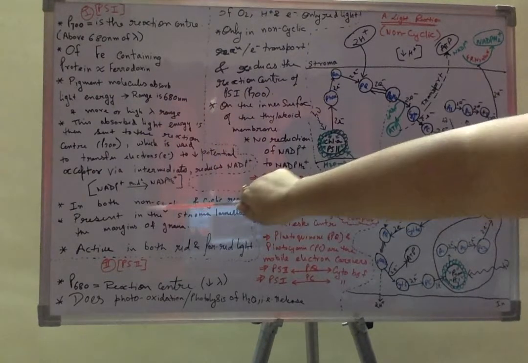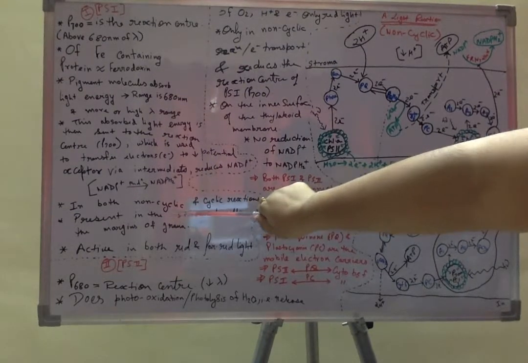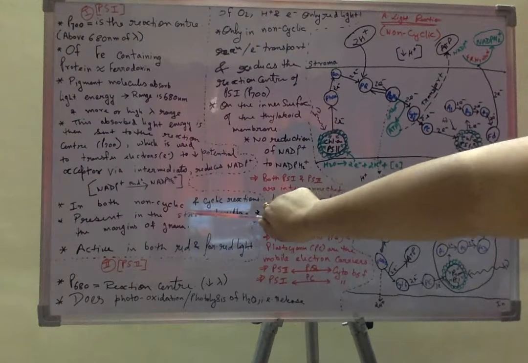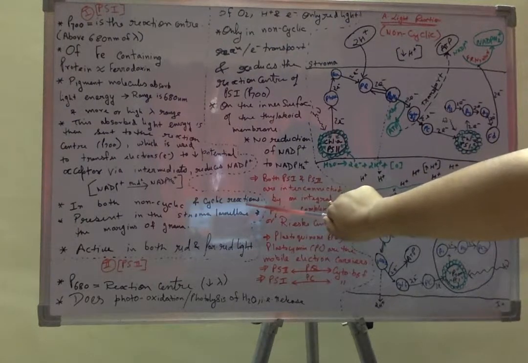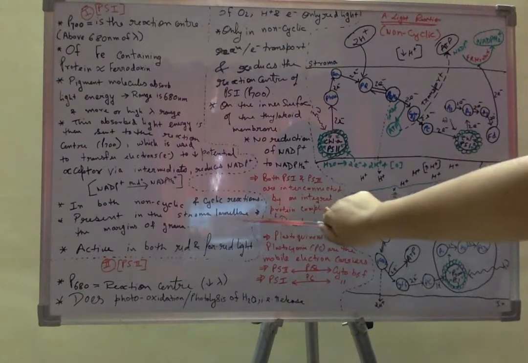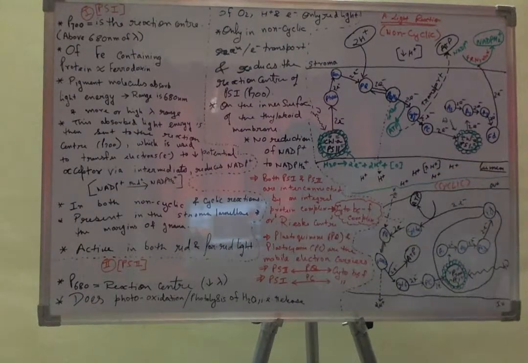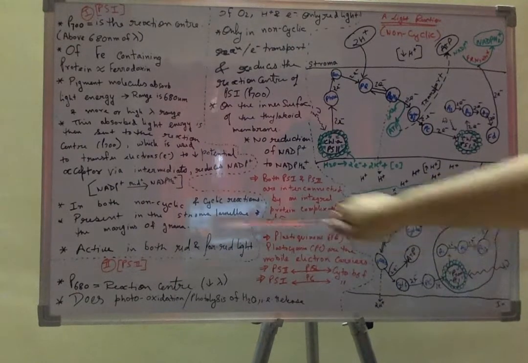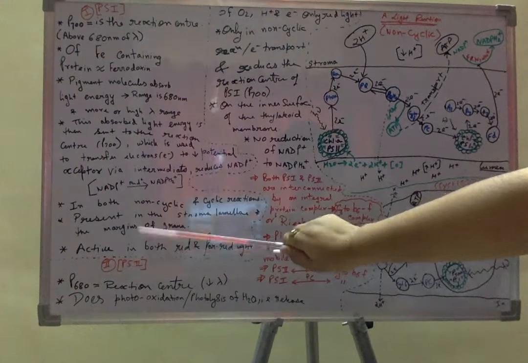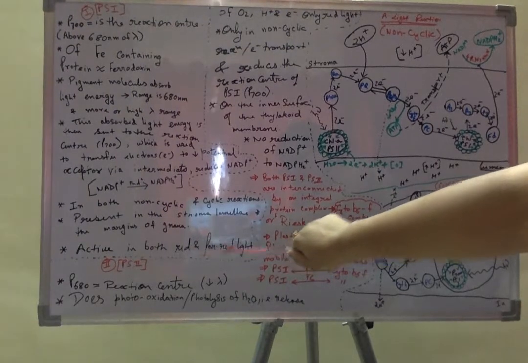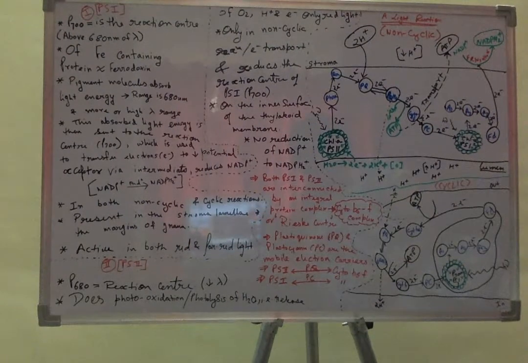That is, PS1 is active in both non-cyclic as well as cyclic reactions, and it is present in the stroma lamellae and the margins of the grana. The last point, PS1 is active both in red as well as far red light. So these are some points regarding PS1.